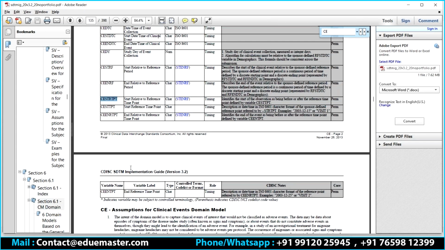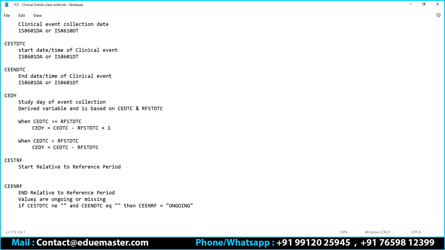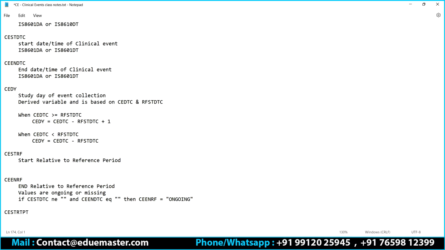What is the next one? We have the reference points now. That is your CESTRTPT. This is nothing but start relative to your reference time point. TPT is nothing but your time point. R means reference time point. ST stands for start.